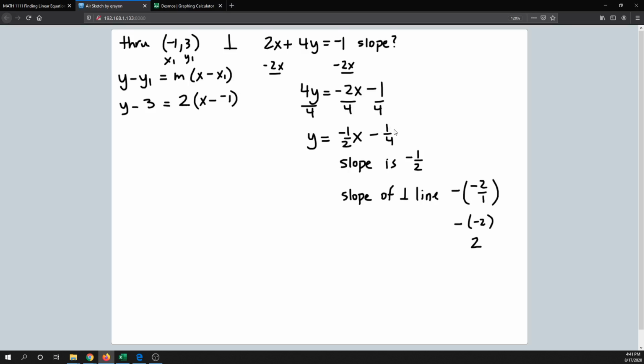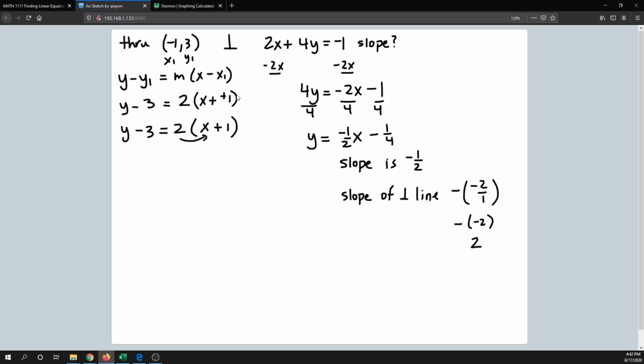All right, and then we will just simplify this as much as possible. So we would need to simplify both sides as much as possible. Before I distribute that 2 through the parentheses, I'm going to add the opposite here, right? x minus a negative 1 is the same as subtracting a negative 1 is the same as adding a positive. So x minus a negative 1 is the same as x plus 1.